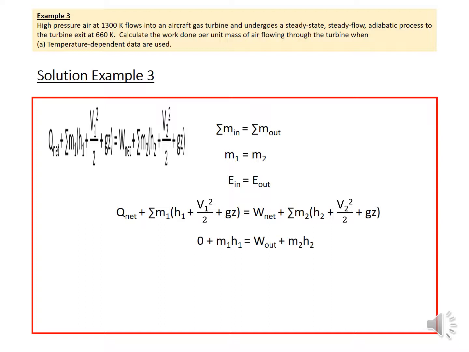So 0 plus M1 H1 equals W out plus M2 H2. W out equals M multiplied by (H1 minus H2), so W out over mass equals H1 minus H2.